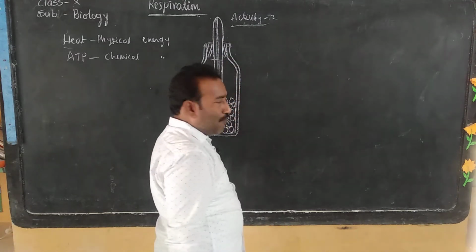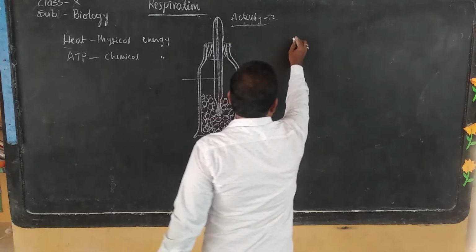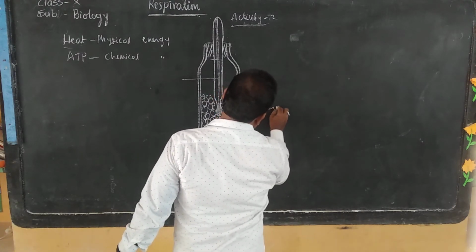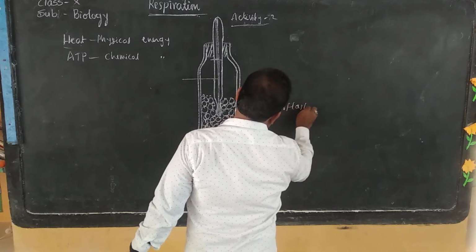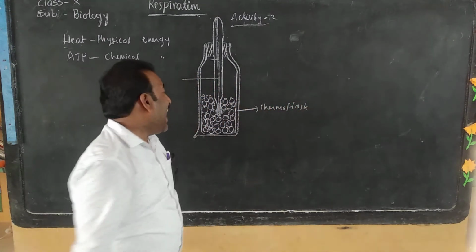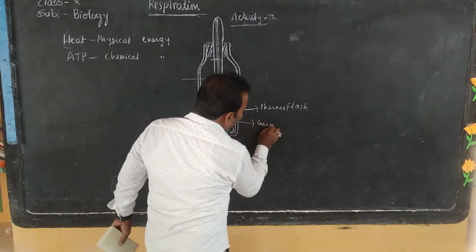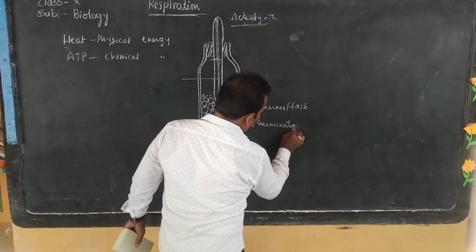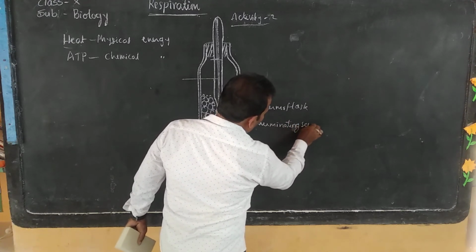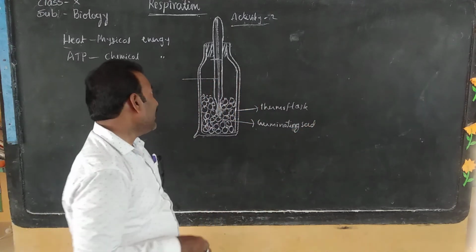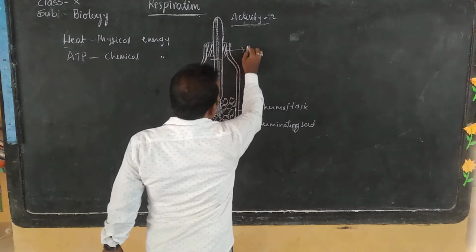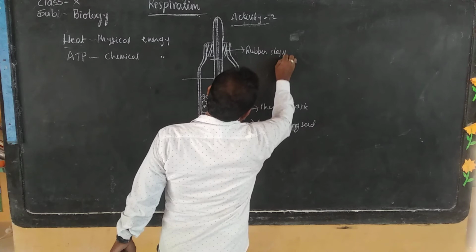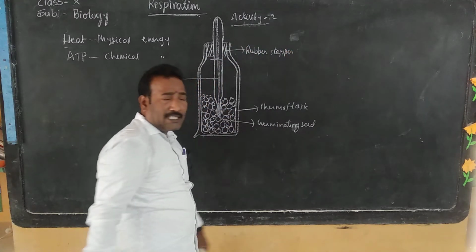For this, first we take one thermoflask and keep a few germinating seeds into the thermoflask. Then fix the single hole rubber stopper to the mouth of this thermoflask.